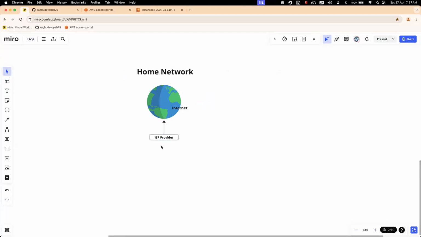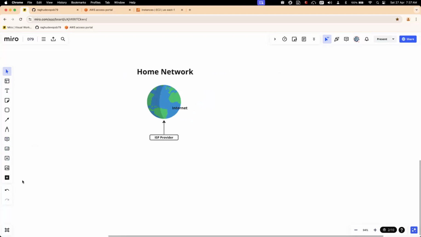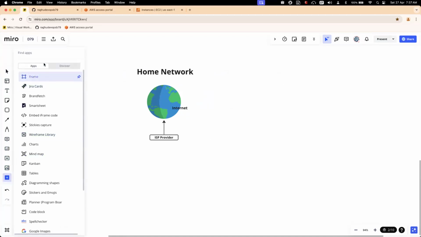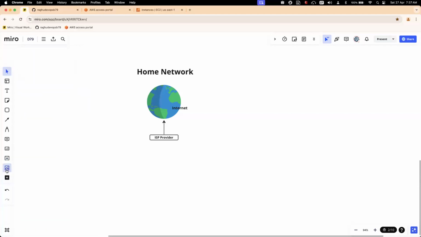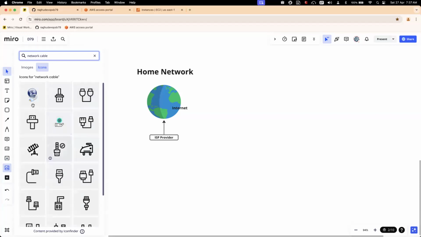How are they doing that? They will pull one network cable, some sort of cable.